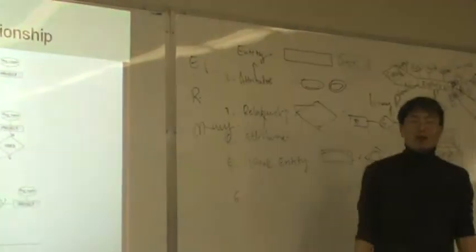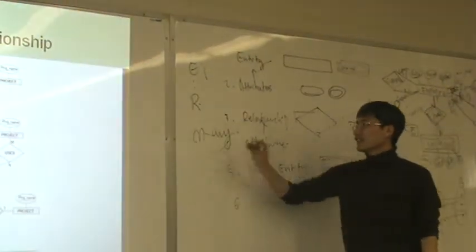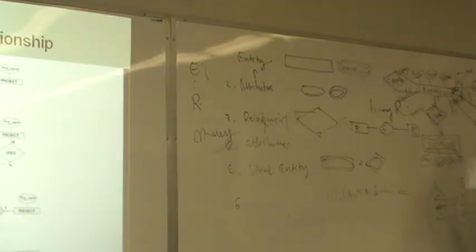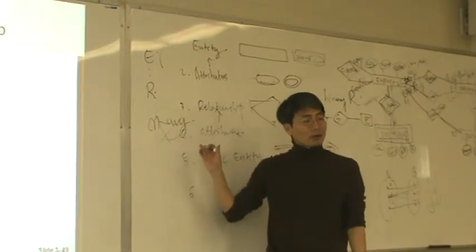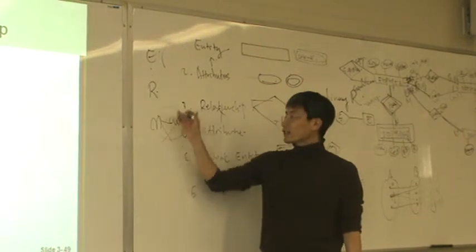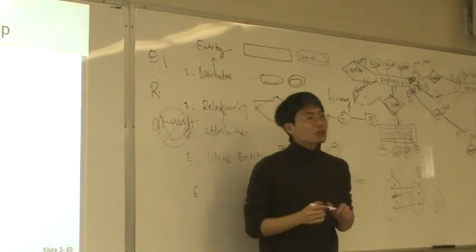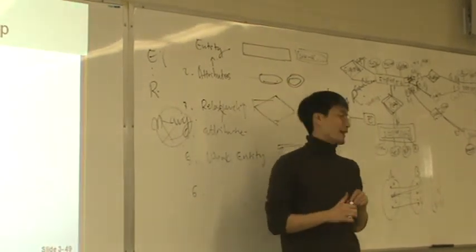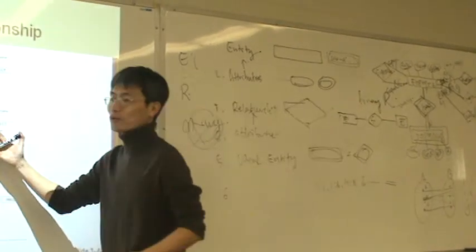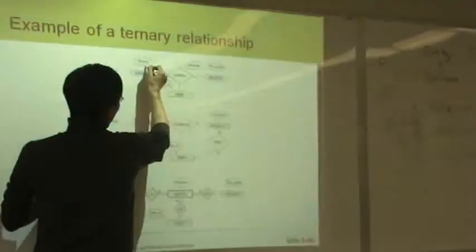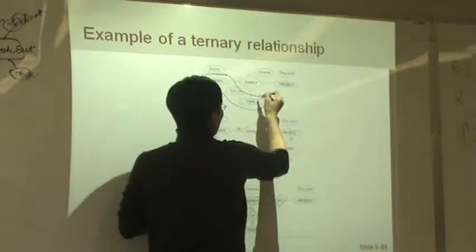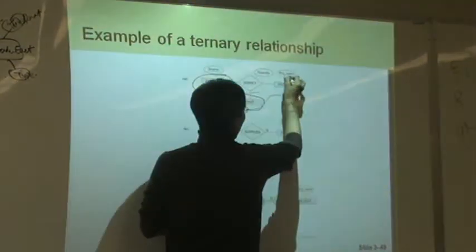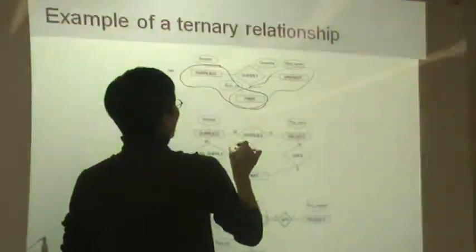Okay? Unfortunately, a database does not like such a complicated relationship. So we need to change such an n-ary relationship into many binary relationships like this one. For example, a supplier supplies a part, and a part can be supplied to a specific project.